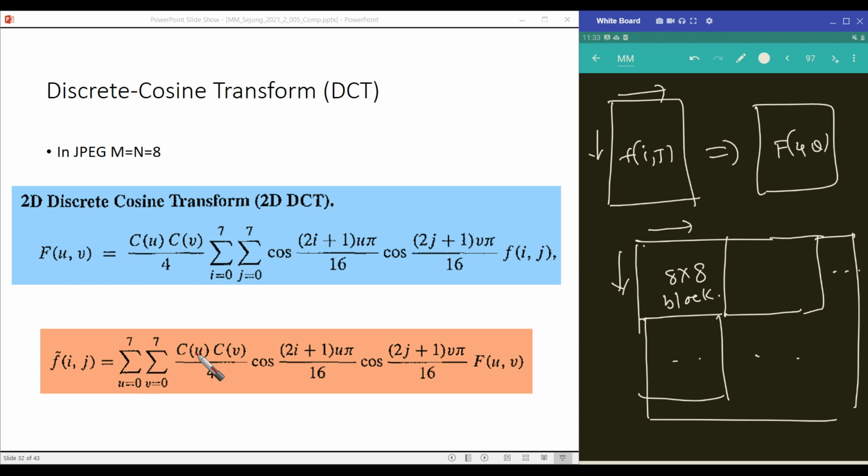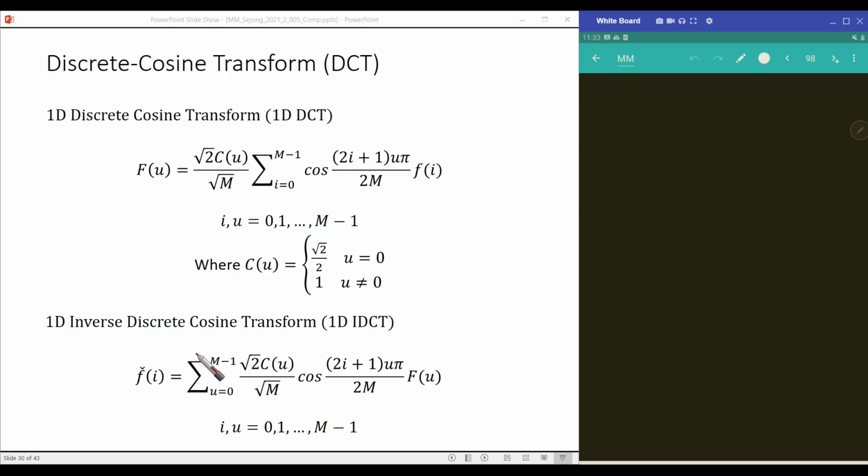But now another thing we can say is that, let's say you convert fi to fu, right? So this is what we say is one-dimensional DCT, or one-dimensional discrete cosine transform. Now very interestingly, we can utilize the same form to go back from the new fu to our fi.